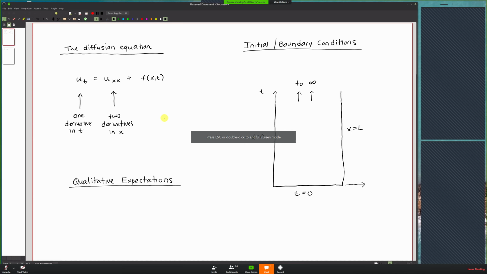Now, before we really get started trying to solve this, I want to make some general observations about it. First of all, the new feature is we have both time derivative and space derivatives. We have one derivative in time, we have two derivatives in space, and it's no longer possible to solve this using methods from ODEs, all right?